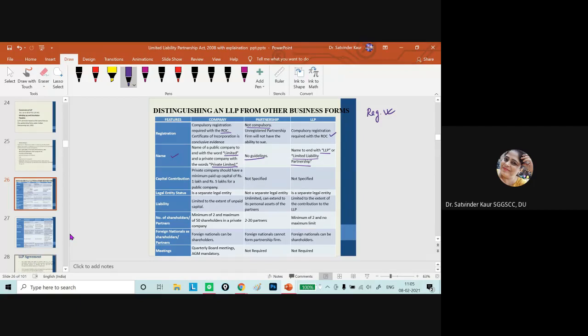If we talk about the capital contribution, capital contribution in companies can be 1 lakh or 5 lakh respectively. In case of partnership and LLP, it is not required. If we talk about the legal entity status, a company has it, there is none in case of partnership, and there is a separate legal entity in case of LLP as well.